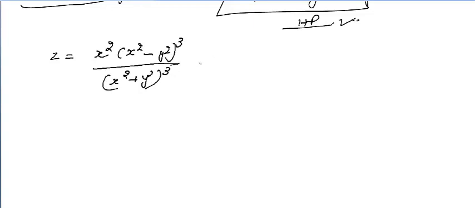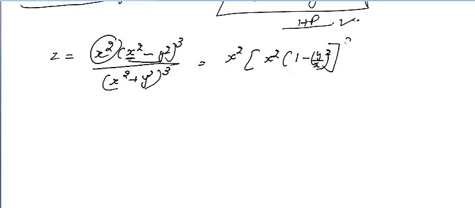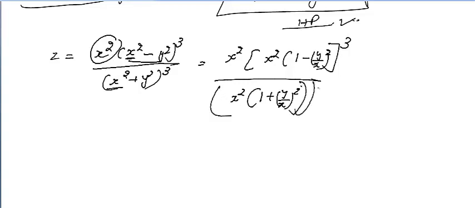If you have this question, see, x square is already there, no problem at all. So you can take x square common from here. X square will be common here, giving 1 minus y by x whole square, whole raised to power 3. Now from here you will get x square common, 1 plus y by x raised to power 2, whole raised to power 3.